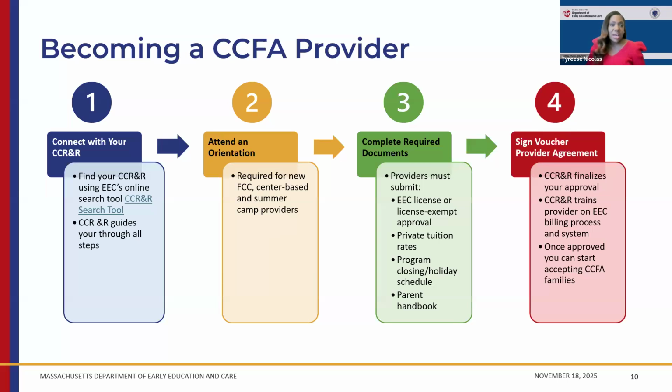All the things connected directly to receiving payment from EEC for the child care financial assistance. Once you've completed the training and the understanding of what it truly means to be a child care financial assistance provider, then you would sign the voucher agreement and you would be able to start receiving families.